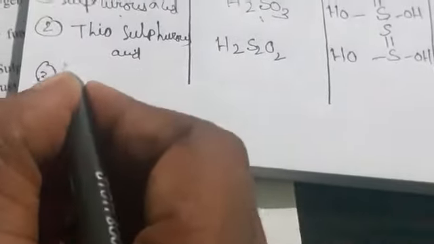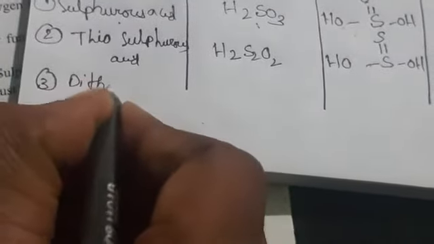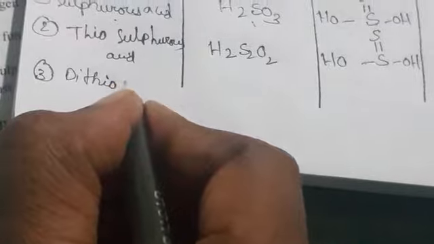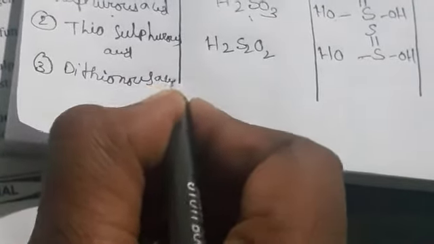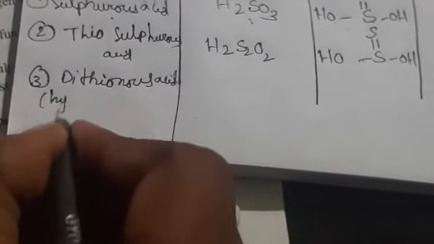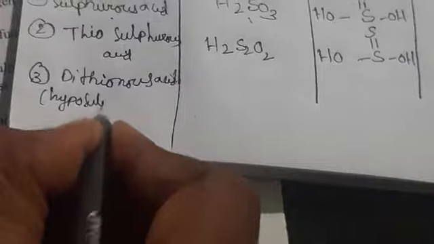And third one we are having dithionous acid, or we can say here hyposulfurous acid.